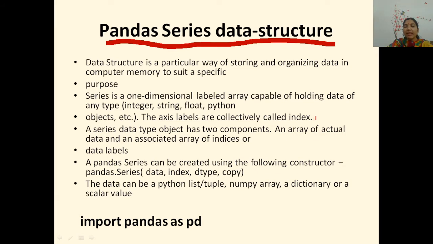What do we call these labels? Index. Series objects have two components. What are the two components? Array and the indices. These indices are also called data labels. There is a formatting problem here in the bullets, but please try to understand.